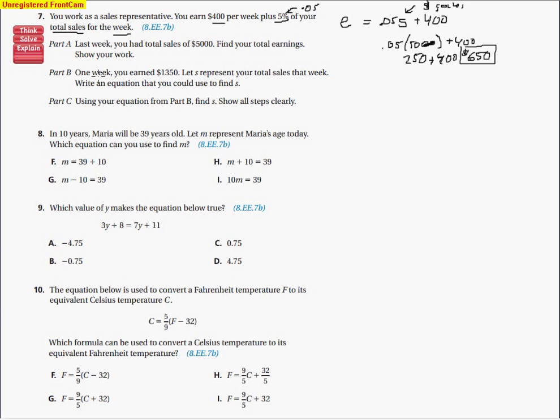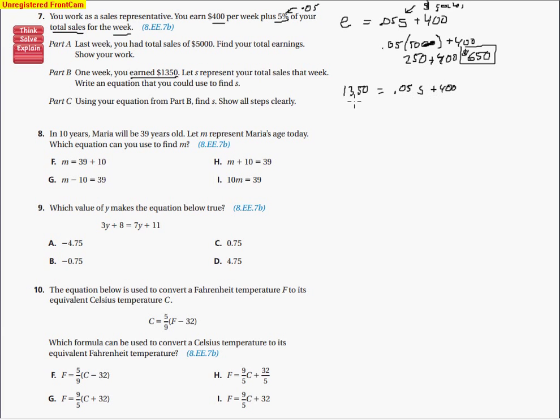Then it says 1 week you earned only $1,350, and so let S represent the total sales that week. Write an equation that you could use to find what the sales is. So you earned $1,350, so that means $1,350 has to go here, equals 0.05 times S, the total sales, plus the 400.